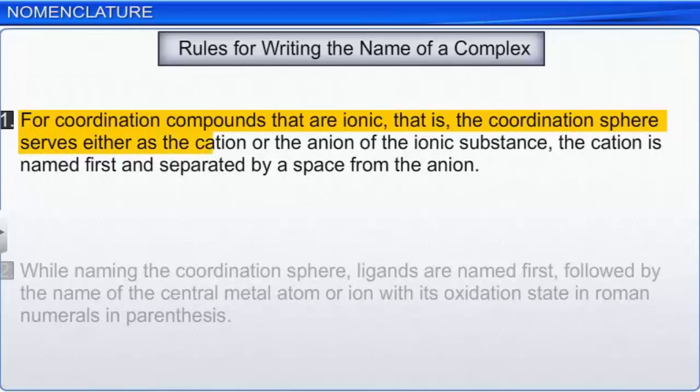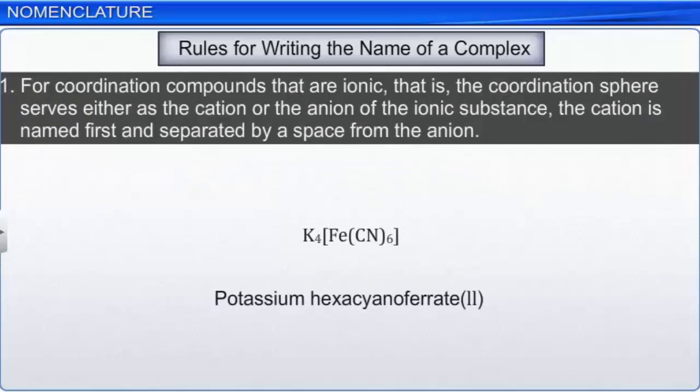The cation is named first and separated by a space from the anion. For example, in the complex K4[Fe(CN)6], where the coordination sphere is an anion, the cation potassium is named first and separated by a space from the name of the anion.